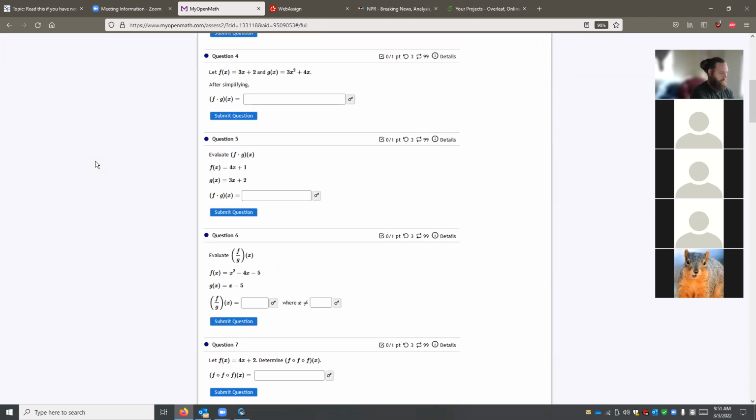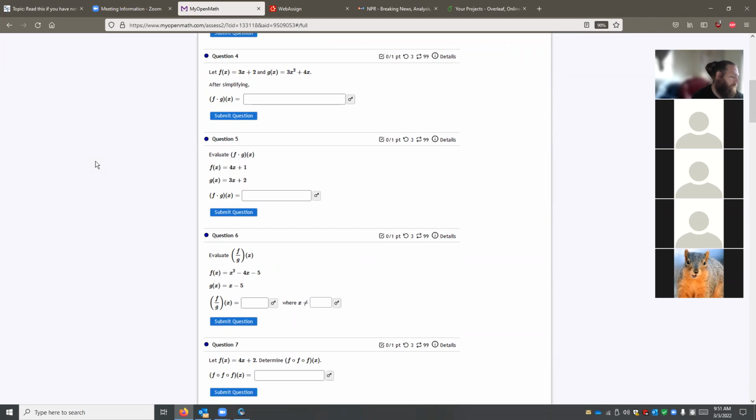I may change the question just a little bit, but we can write those two functions down, f of x is x squared minus 4x minus 5. And g of x, we can use just x minus 5.